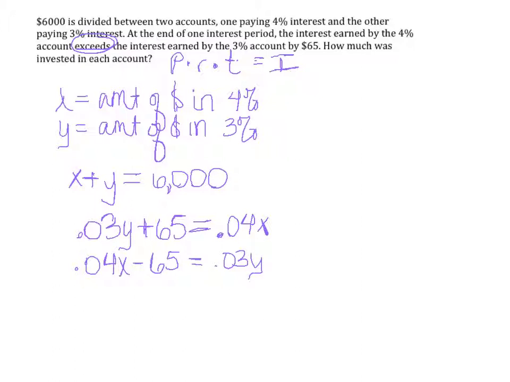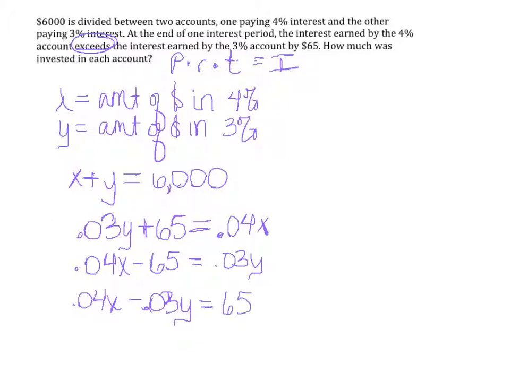And a final way you could say this is that my 4% account minus the interest in my 3% account has to equal $65, the difference between the two.